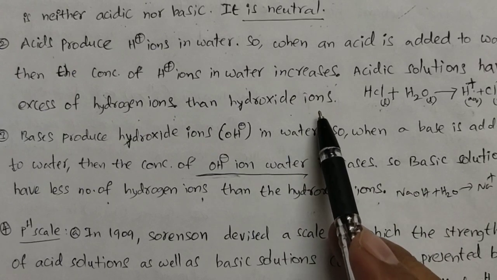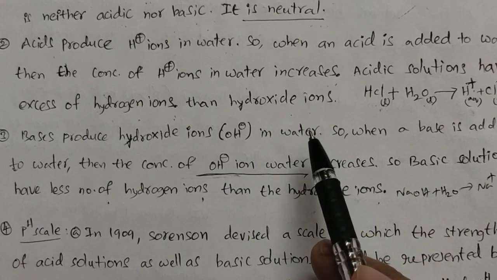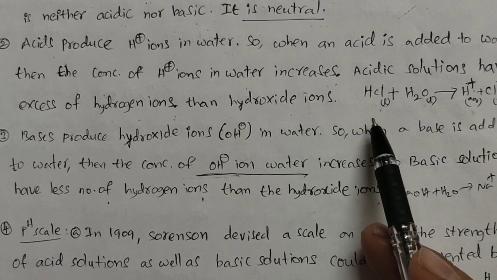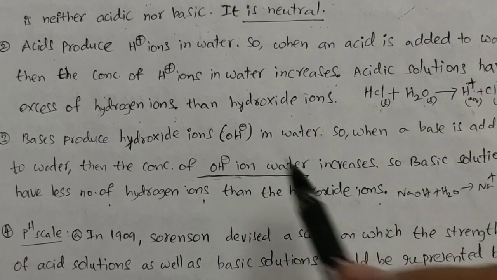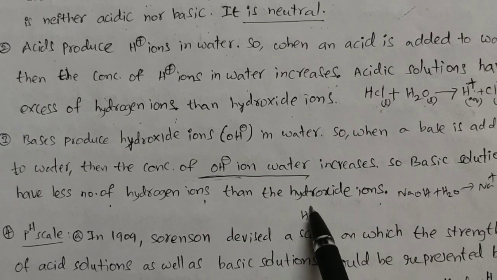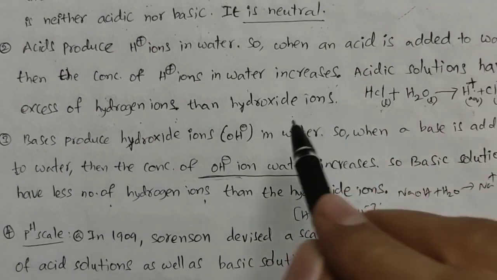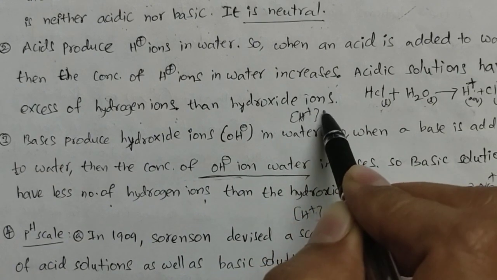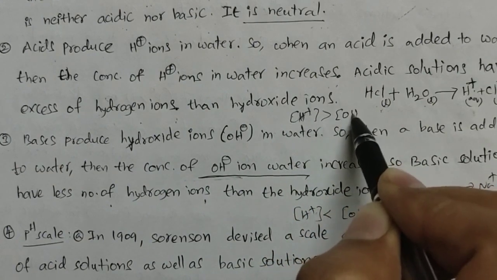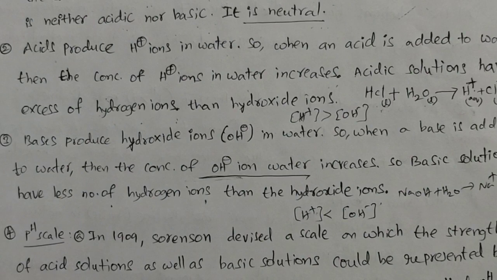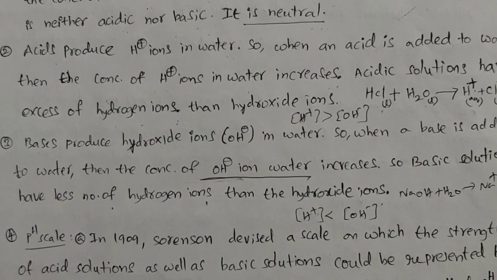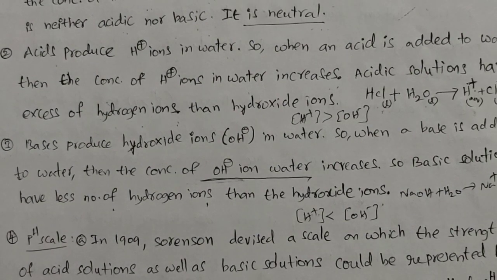So in acidic solutions, the concentration of H plus is more than the concentration of OH minus. In basic solutions, the concentration of H plus is less than the concentration of OH minus. So what have we discussed?